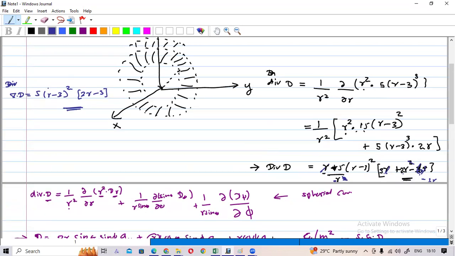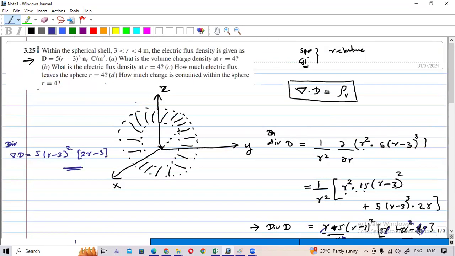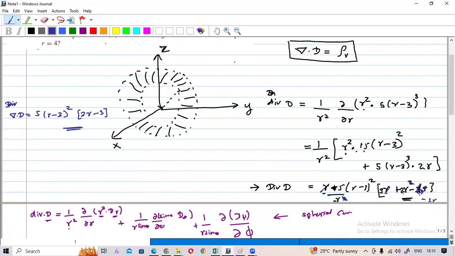Now you have to evaluate the volume charge density at r is equal to 4. So this is volume charge density, so this will be Coulomb per cubic meter, not Coulomb per square meter.